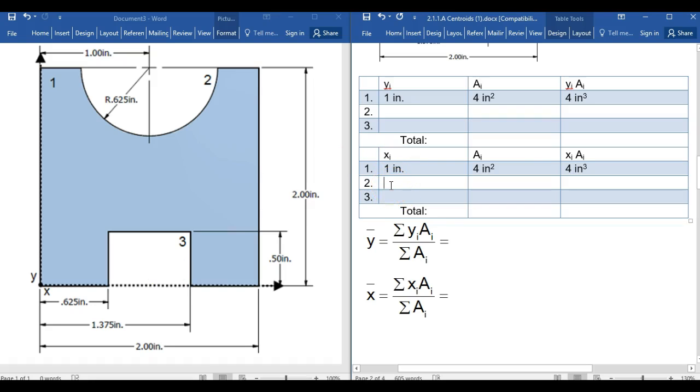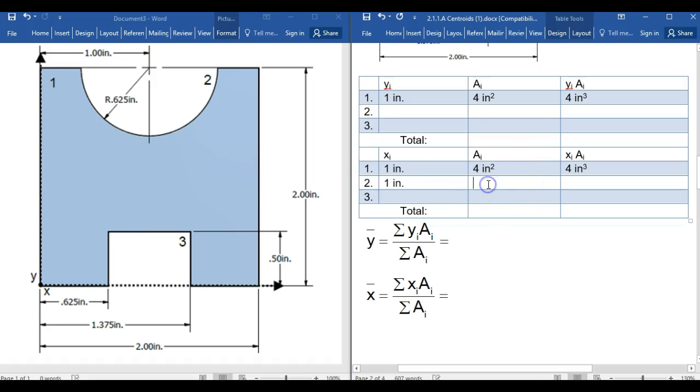So the x centroid location is 1 inch. I could find that by doing 0.625 and then figuring out how much space this is, or I can look right here and it's measured out for me, 1 inch from here to here.